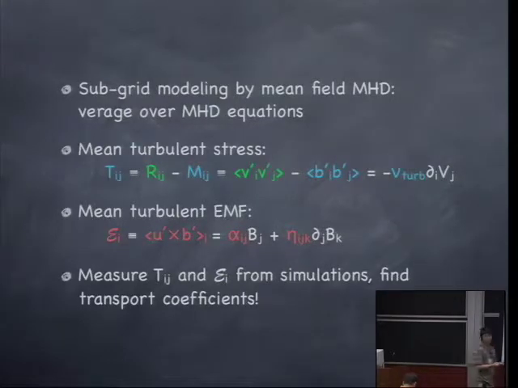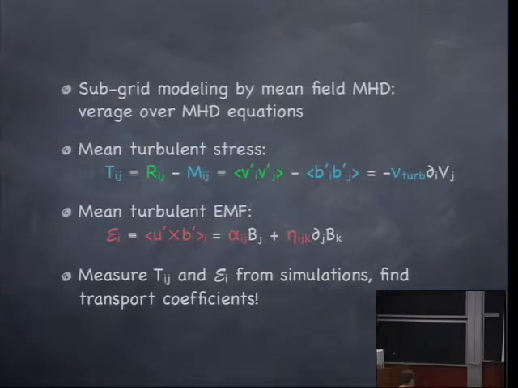Martin already scared you by showing you big equations, so I will just show you a few terms here. In the Euler equation, the extra term part is the total stress, which turns out to be the correlation between the velocity fluctuation and magnetic fluctuation. And we usually model it with turbulent viscosity. Now, this piece is probably not familiar with the astrophysical people.